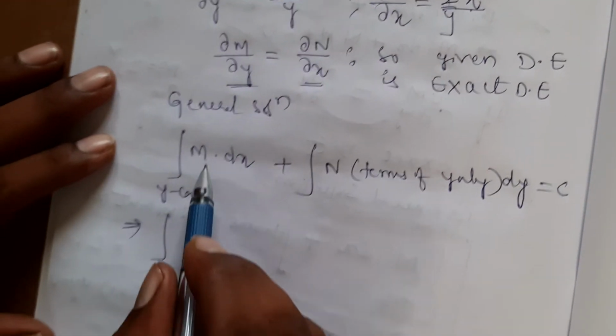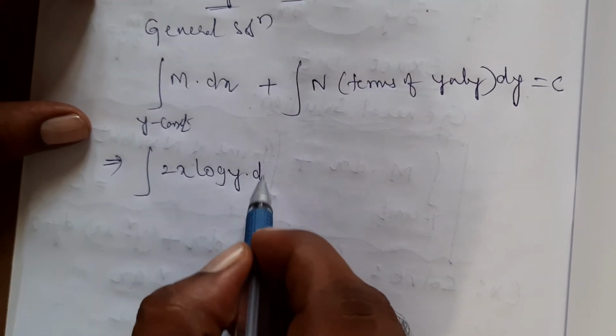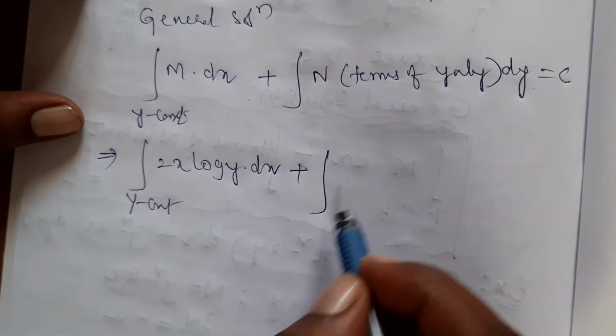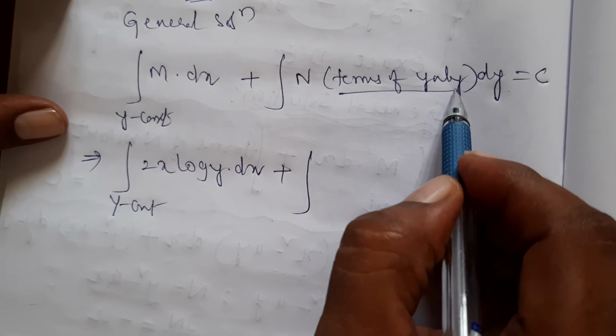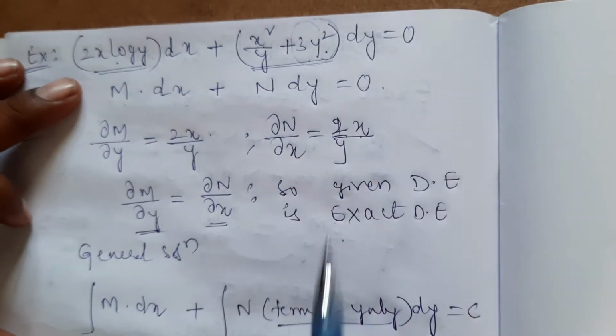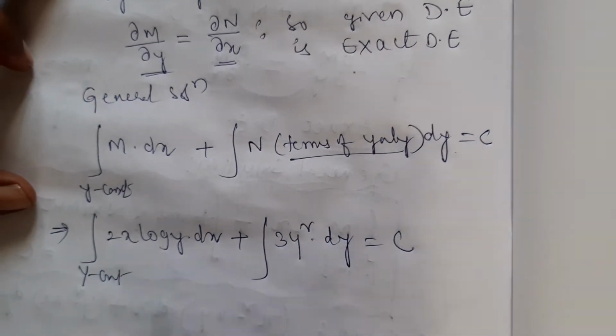Then integral of m into dx. What is the m value here? 2x logarithm of y dx, treating y as constant, plus the integral of the terms with only y. Here only y, without x, 3y square is there. So 3y square dy is equal to c. Then simplify.